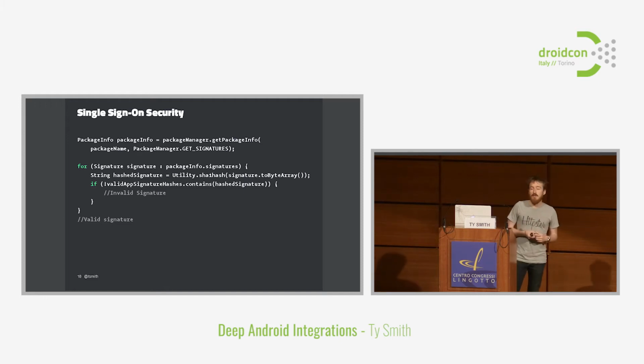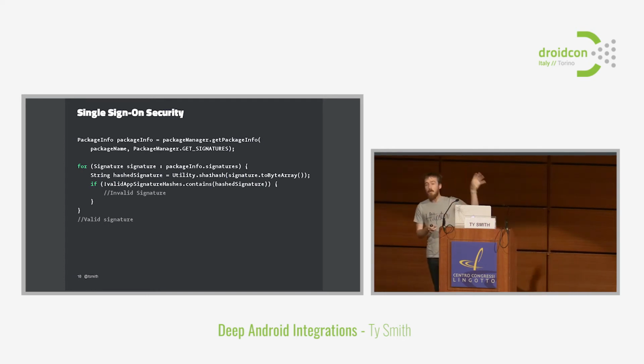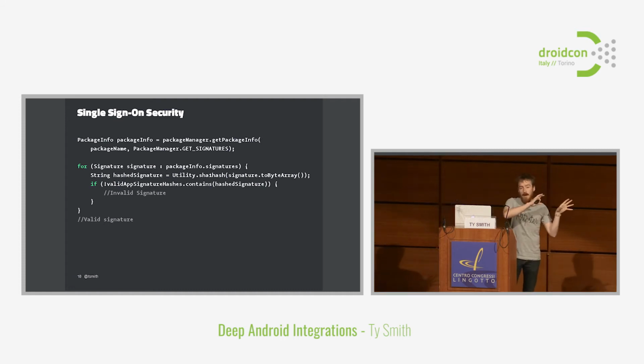There's actually a bug in older versions of Android where it was possible to trick an application into thinking that your app was signed by a specific fingerprint when it was not. This is because all the signatures exist as an individual signature on each one of the chains in the trust chain, all the way back up to root. So if you were to take a public fingerprint, perhaps Google's from Google Maps, and then you hacked up a nice little Python script to say, hey, this public certificate is actually the signer of my fraudulent certificate, now you would have a trust chain that essentially had two items in it.